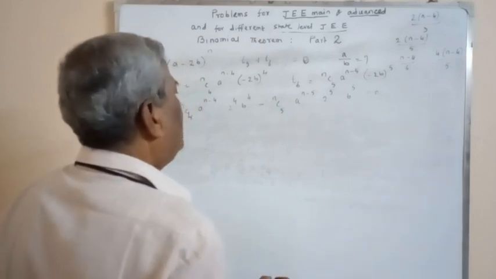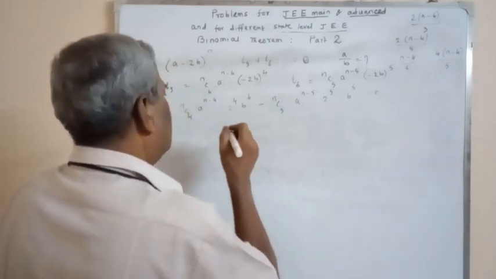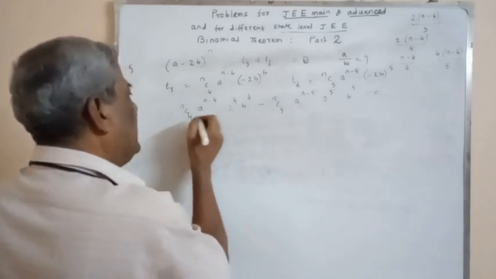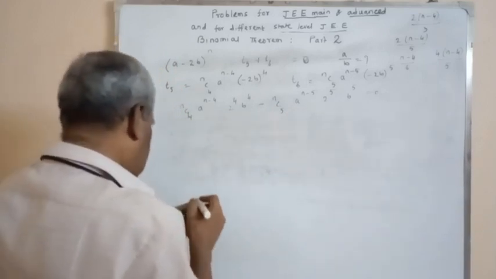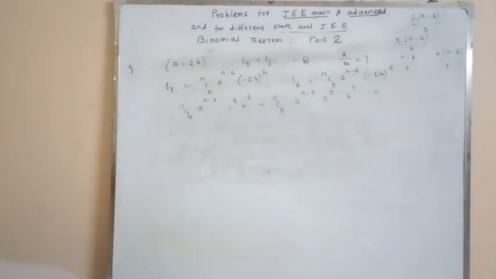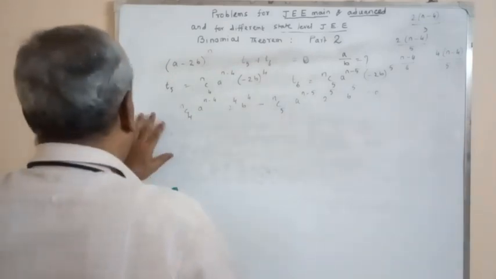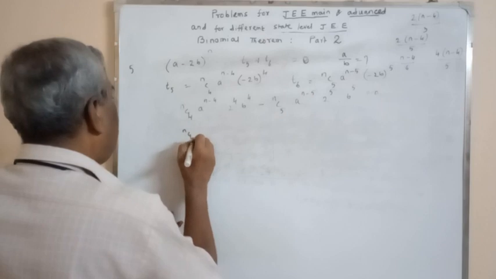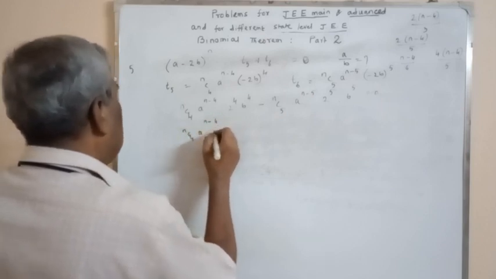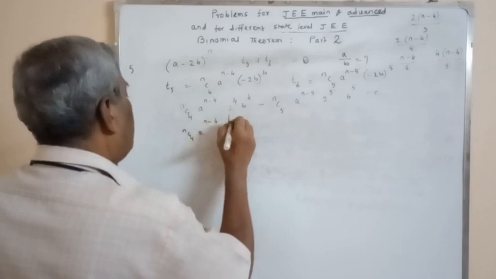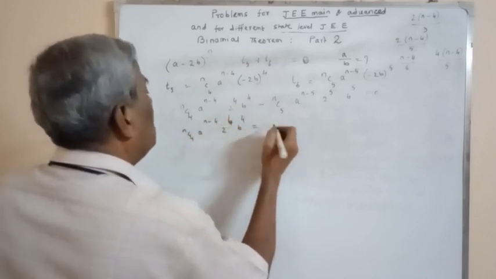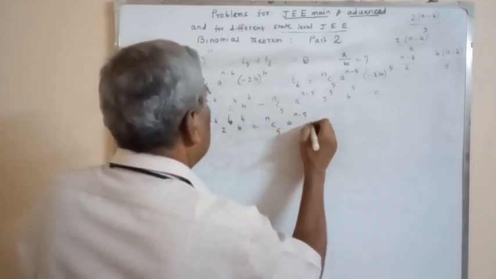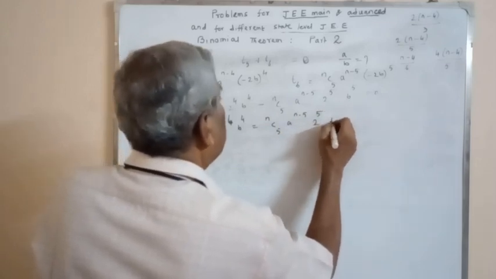So between this and that, we can take nC4 a to the power n minus 4 2 to the power 4 into b to the power 4 is equal to nC5 a to the power n minus 5 2 to the power 5 into b to the power 5.